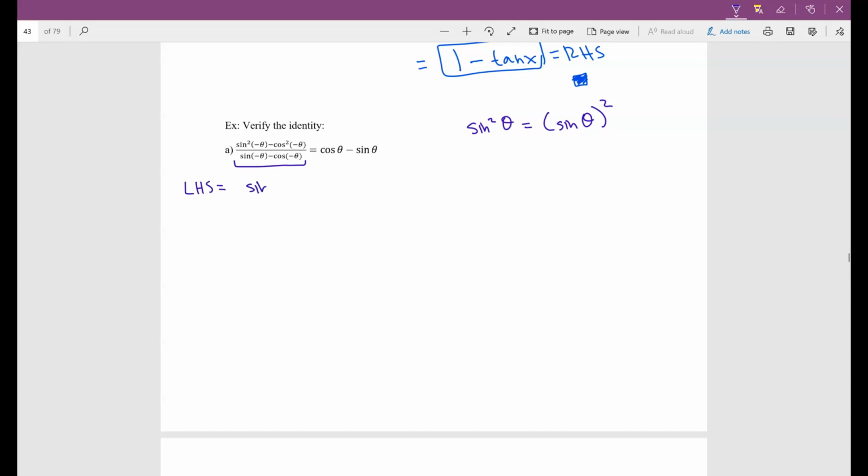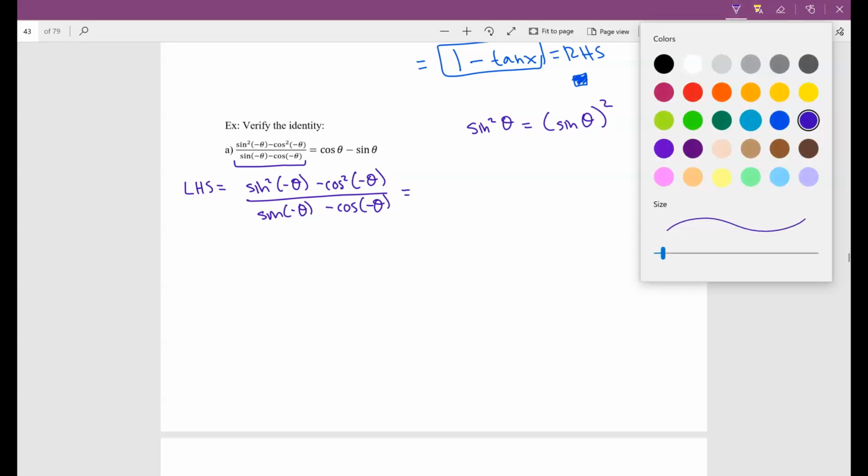So we're gonna have sine squared of negative theta minus cosine squared of negative theta, divided by sine of negative theta minus cosine of negative theta. So I think one of the things that we should do is probably rewrite the squared so that it's on the outside.